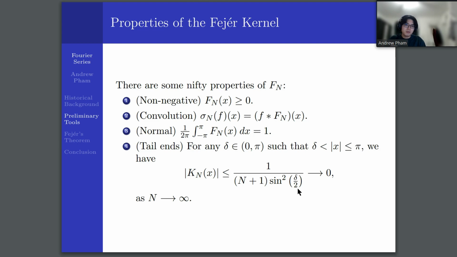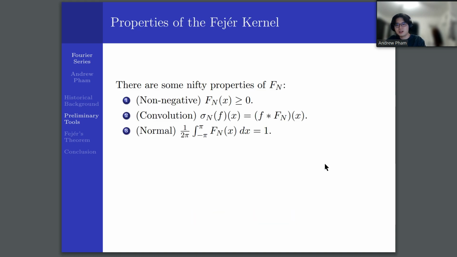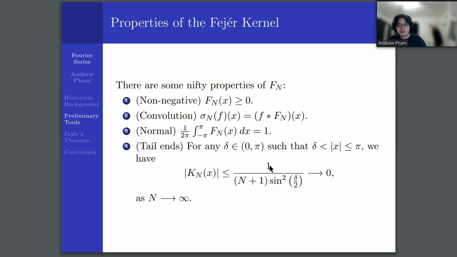And this should be relatively clear to see, as we go back to the closed form, the numerator is a sine function, which is going to be bounded above by 1. So we're just going to look for a bound of the denominator. Since delta is taken to be less than x, it is implied that 1 over sine of x over 2 is going to be less than 1 over sine of delta over 2. That's required.